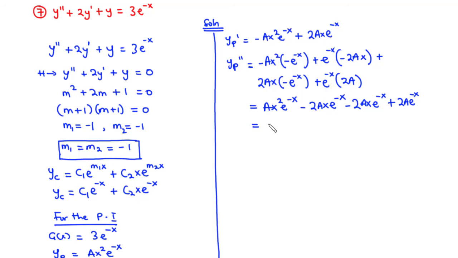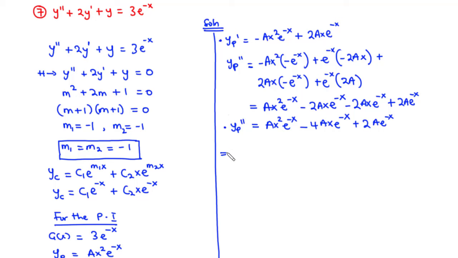Let's try to simplify this. Finally, we have ax squared e to the power negative x minus 4ax e to the power negative x, and then plus 2a e to the power negative x. So this is yp prime prime.